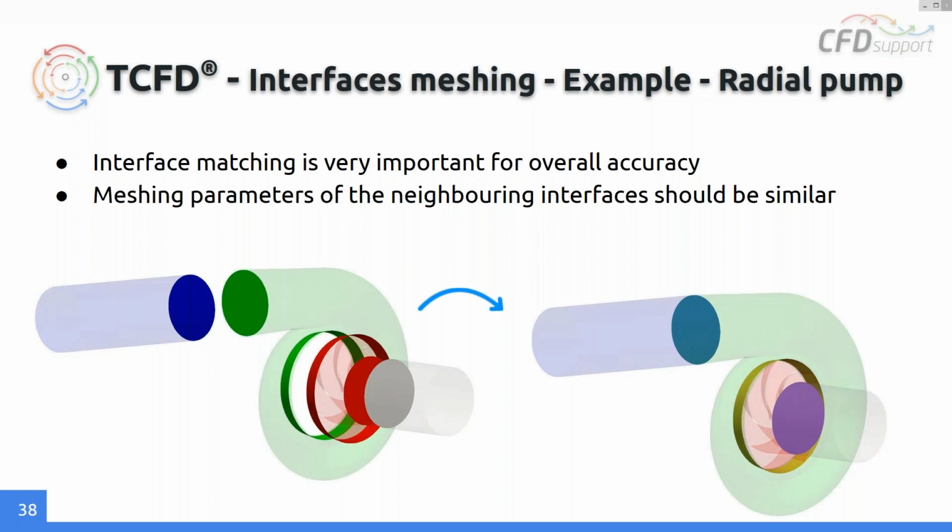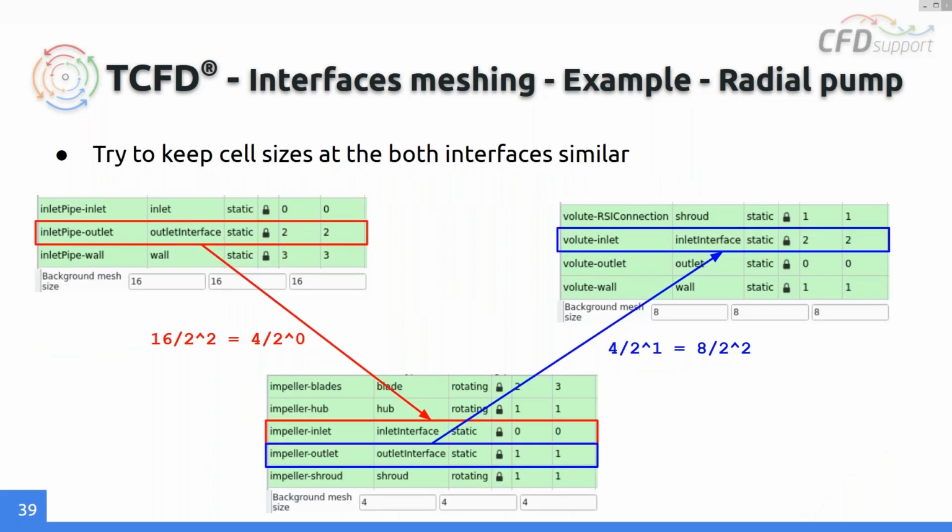Because as we already said, an interpolation is made to get the values from one side to the other side. And therefore, if you think about the meshing, you should keep in mind that the best way is to have the same sizing on both sides.